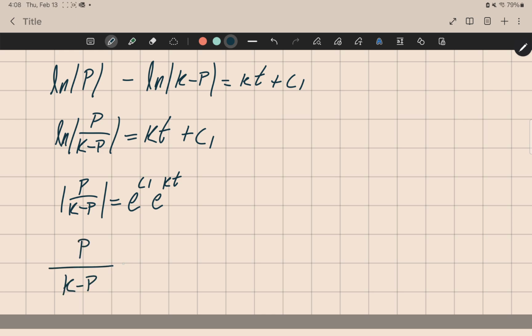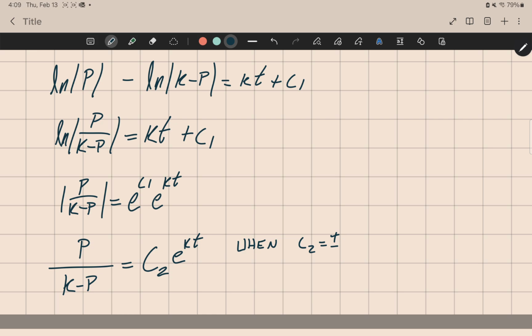k minus p is equal to c2 e to the kt, when c2 equals plus or minus. So this plus or minus that I'm putting on here is how I got rid of the absolute value signs.